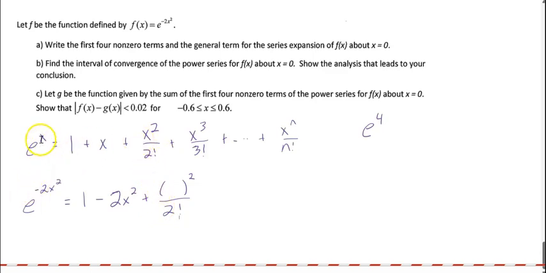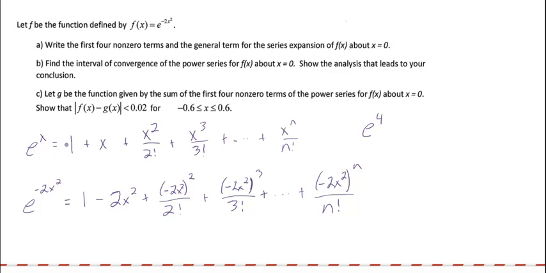Well, the x got replaced with this, so I replace this x with that. So I get negative 2x squared. And then I get plus the blank cubed over 3 factorial, and I'm going to write negative 2x squared, plus dot dot dot plus the blank to the n over n factorial, with negative 2x squared inside.